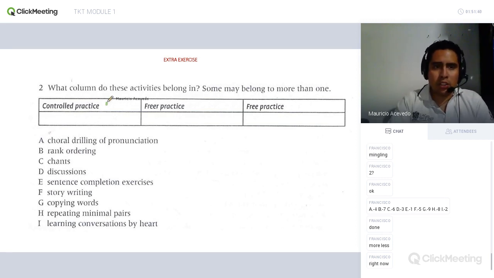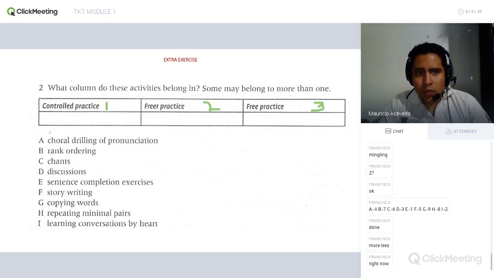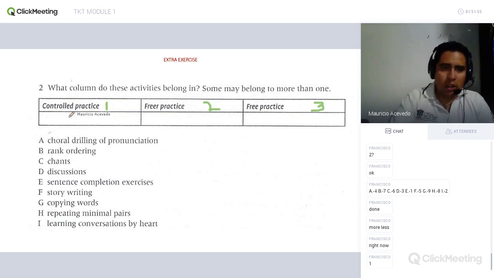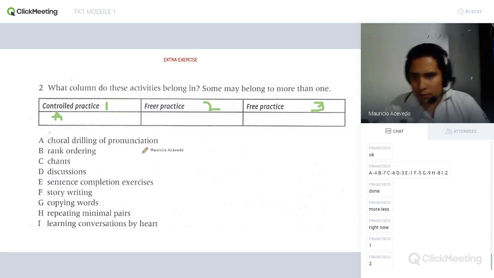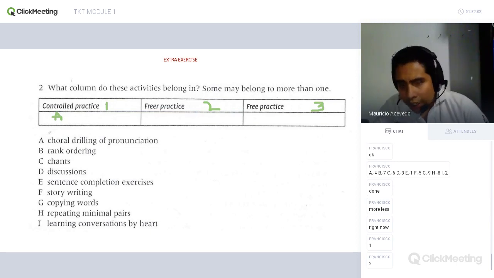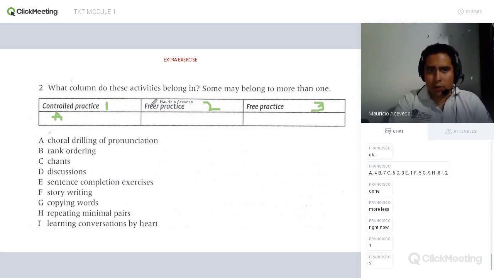Just write me 1, 2, or 3, and I will be putting the letters here. What do you think about choral drilling of pronunciation? Number 1, only 1? Don't you think that can also be in freer practice? Okay, so choral drilling for you it's 1 and 2.